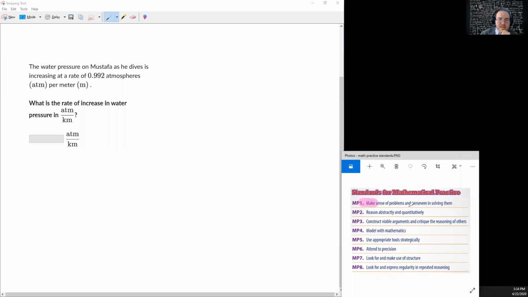All right, so let's go ahead and make sense of the problem. The water pressure on Mustafa as he dives is increasing at a rate of 992,000 atmospheres per minute. Okay, so the context of this word dives means it's either scuba or free diving, but this is a person diving underwater.